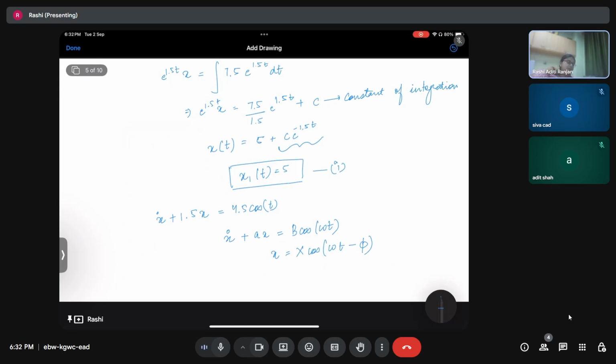So in this case, capital X is basically b divided by under root of a square plus omega square, and phi is tan inverse of omega by a, where omega is the forcing frequency and a is kind of the stiffness of the system.